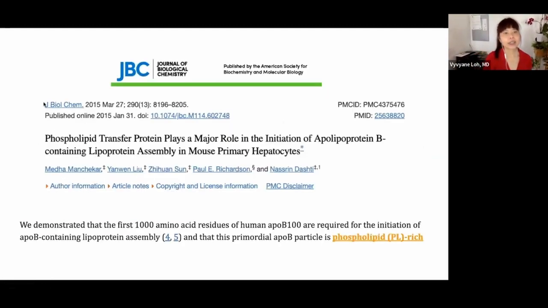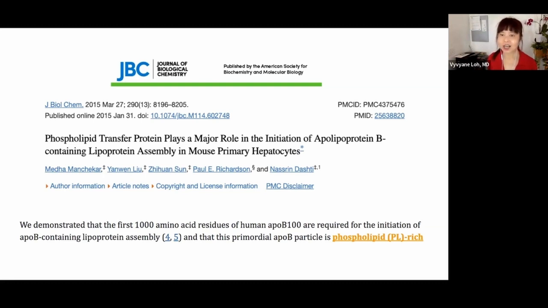And here, Journal of Biological Chemistry 2015, we demonstrated that the first 1,000 amino acid residues of human ApoB100 are required for the initiation of ApoB-containing lipoprotein assembly, and that this primordial ApoB particle is phospholipid rich, okay?